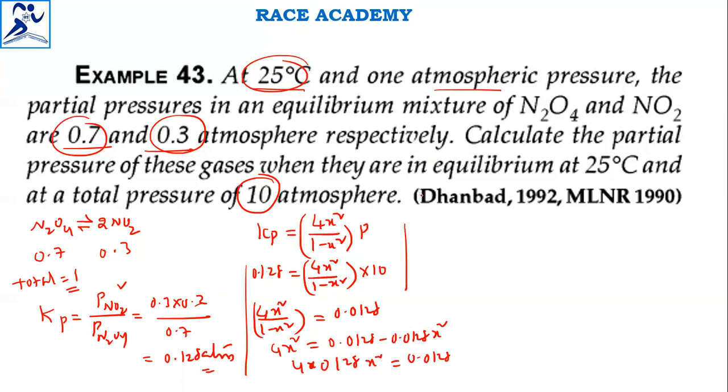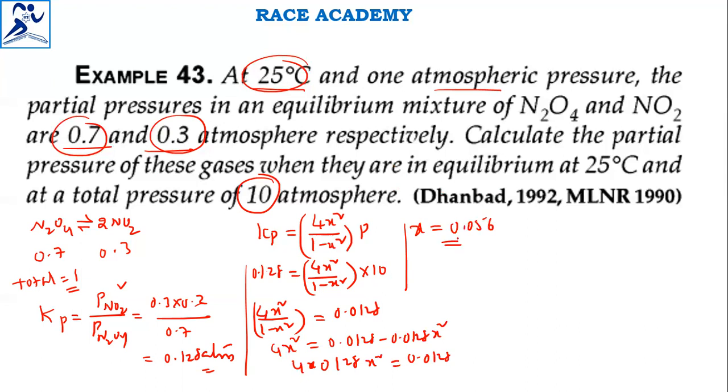Similarly, when you do all these things, finally what will come here is nothing but the x value. So upon simplification, the x value after taking the root is 0.056 you will get.